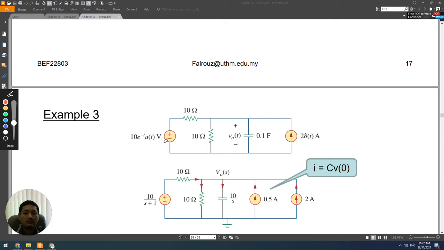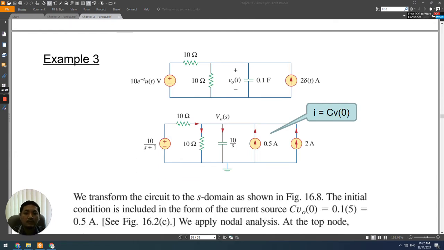However, the voltage source, 10 e^(-t) u(t), we can refer to the Laplace transformation table to transform into 10 over S plus 1.